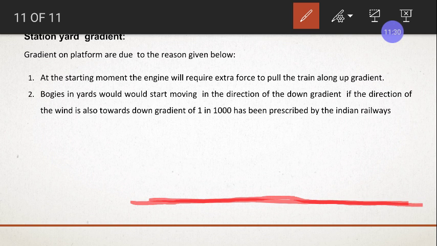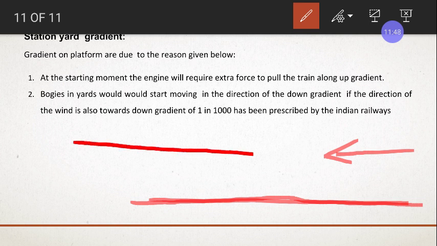So whenever you want to stop the vehicle, when you're coming from this direction and you want to stop the vehicle or a train, this slope will help you to exert some opposite pressure on your vehicle or train, right? When the slope is provided in this direction and you want to stop the vehicle, this small upward gradient will help as a friction to the vehicle, and the power required to apply the brakes will reduce.